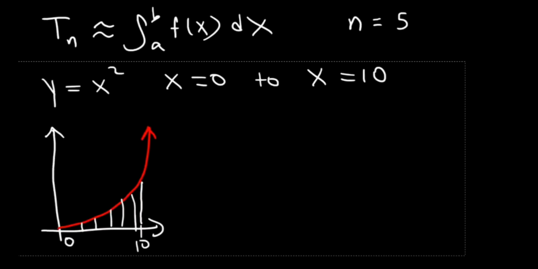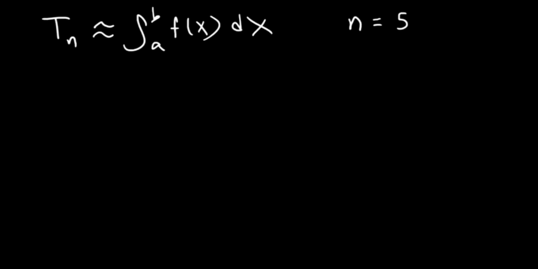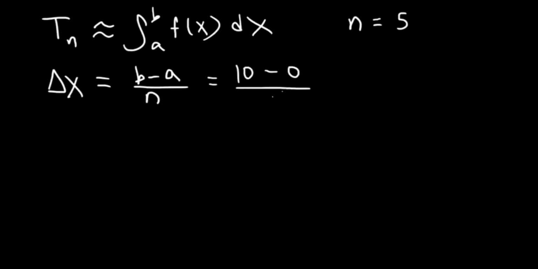So first we need to calculate delta x, the width of each subinterval, and that's going to be b minus a divided by n. So we are going from 0 to 10. In this case, b is 10, a is 0, and n is 5.